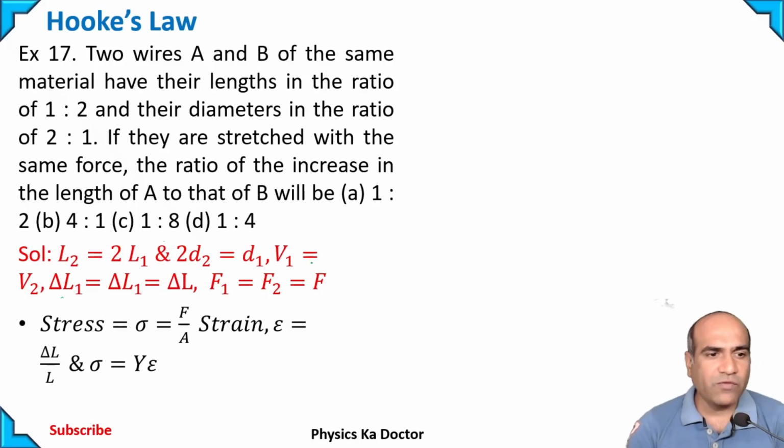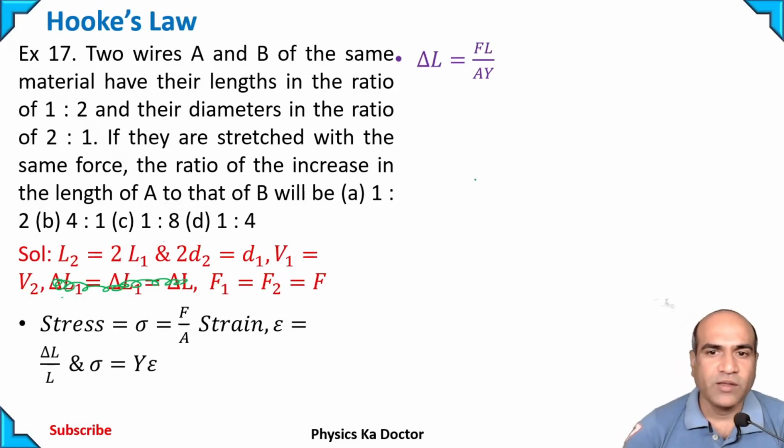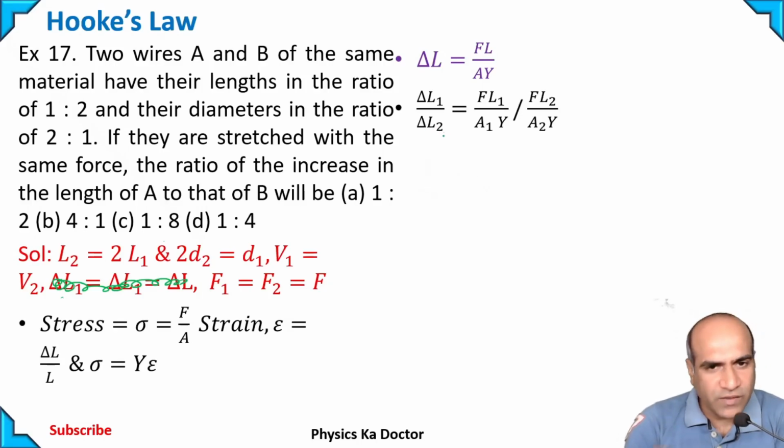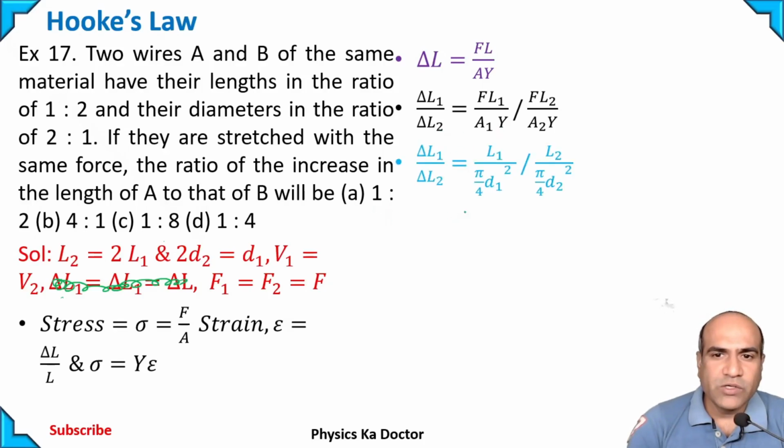So stress sigma is equal to F by A, and we know that delta L is equal to FL by AY. So here we can take the ratio delta L1 by delta L2. Both forces are equal, so we can remove F and F both.